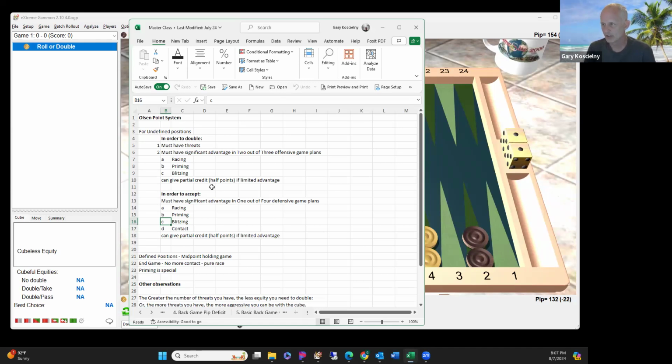So, for instance, if you have an anchor, then you might have enough of an advantage in contact to establish a take. Contact isn't an offensive game plan; it's a defensive game plan. So that's why it's not considered in whether you're going to cube or not. You're not going to cube if you have a defensive game plan.